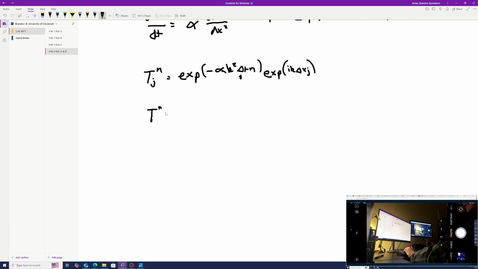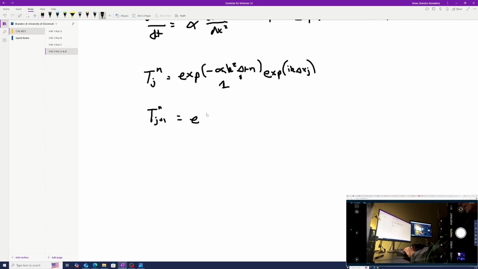So our current temperature at our position, however, this is going to be the next position. We know in this situation our delta t is going to be equal to 0 since we are still at Tn, which was our current time step for our temperature n. So what that means is this will become 1, meaning our exponential over here will end up looking something like this.